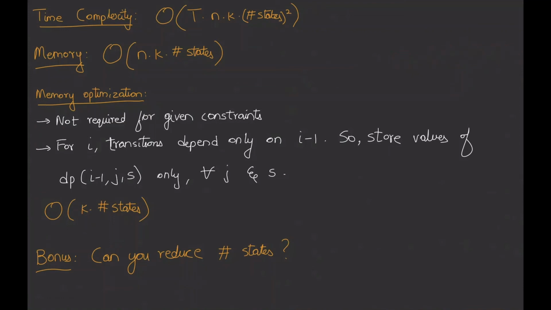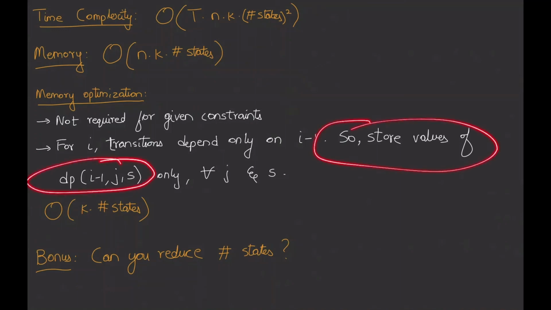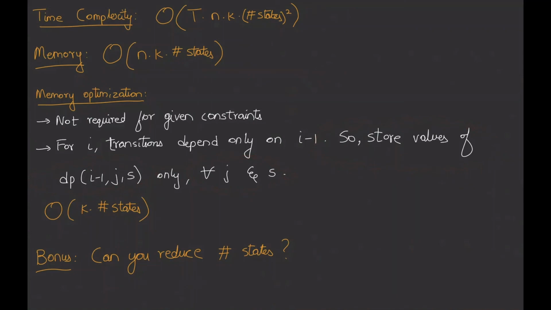So you just require one particular k cross number of states matrix. Hence, basically store the values of just dp i minus 1, j, s for all j and s. And so the space becomes order k into number of states. So you lose this n dependency on the memory.